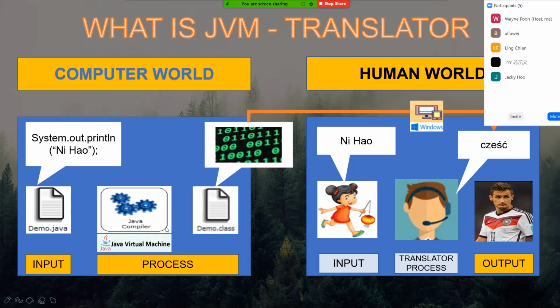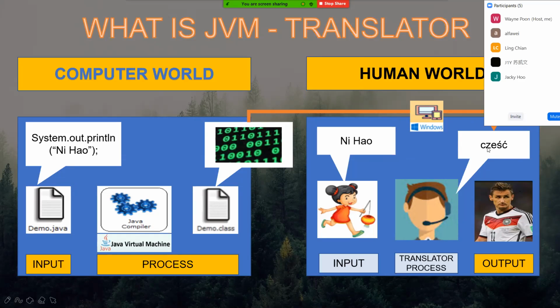You need an interpreter as a translator to translate your information into bytecode. Both work the same, Java and Python, C++ or whatever language, they need to compile into binary code, or bytecode, which is 10101, this kind of code. So the computer will be able to understand, execute and process the message. You provide input Ni Hao, it is processed by the interpreter, the translator, then you produce an output. This is a Czech, or was it Polish language.